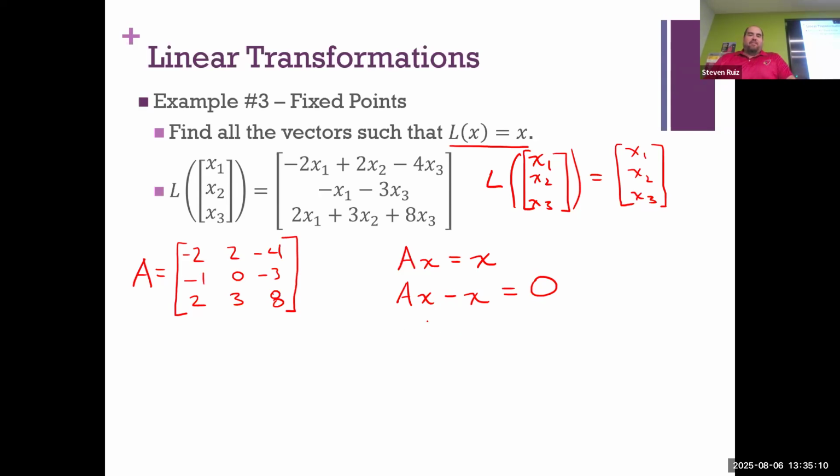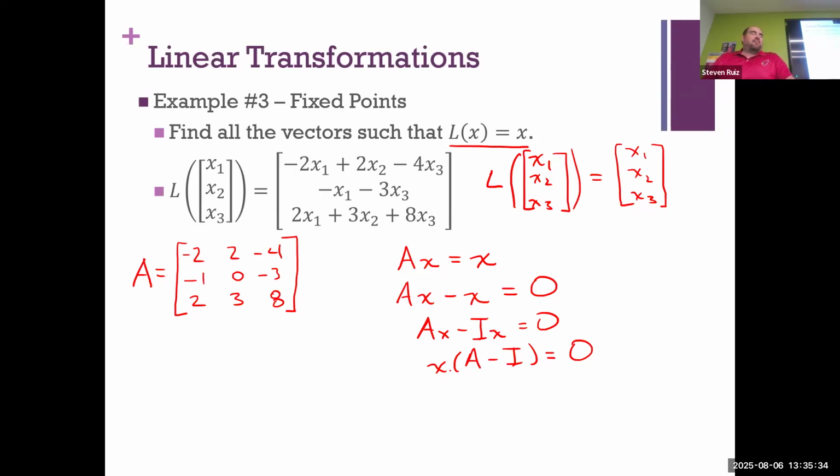So let me do this first. I'm going to say Ax minus Ix equals 0. And then I factor out an x, I get x times A minus I equals 0. Does this look familiar at all? What does it kind of look like?